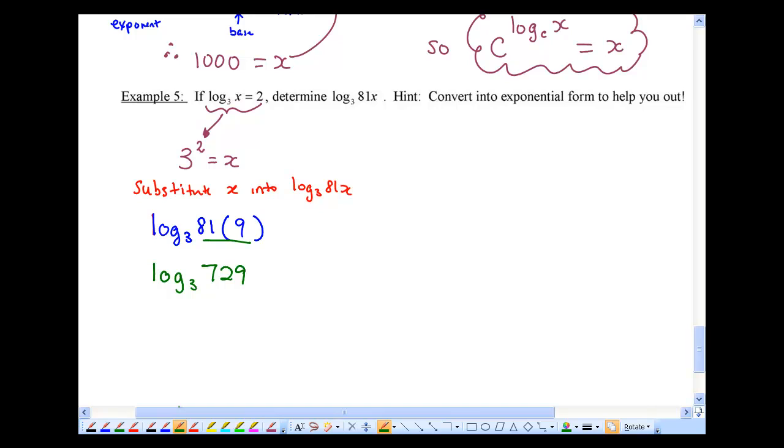And now you're faced with the task of evaluating this. So maybe now I'm going to ask you to change this also into exponential form. So to evaluate, let's let this equal, I don't know, y, and let's change into exponential form.